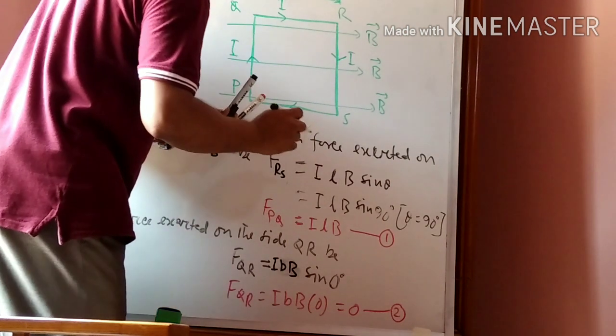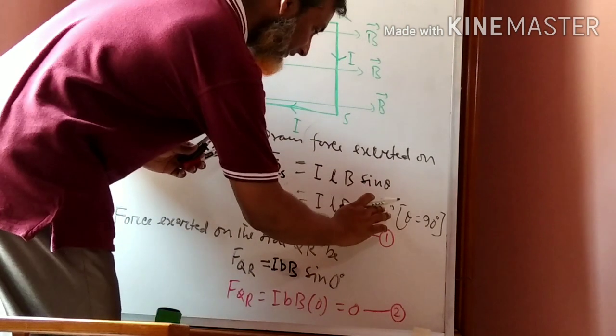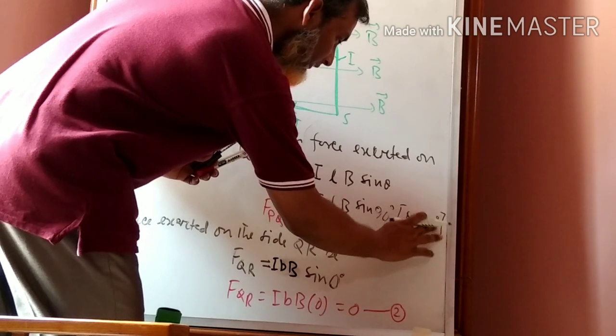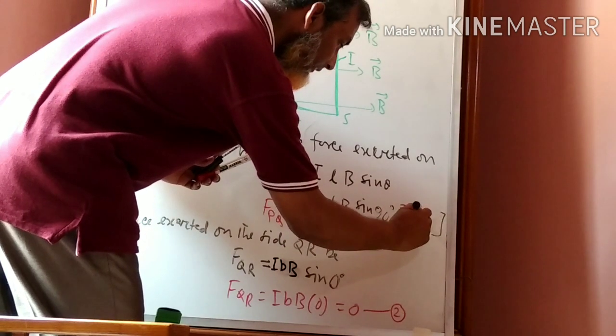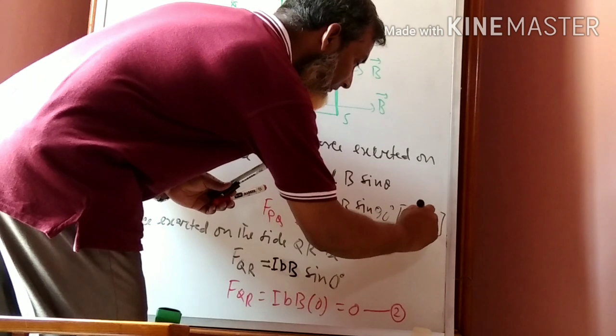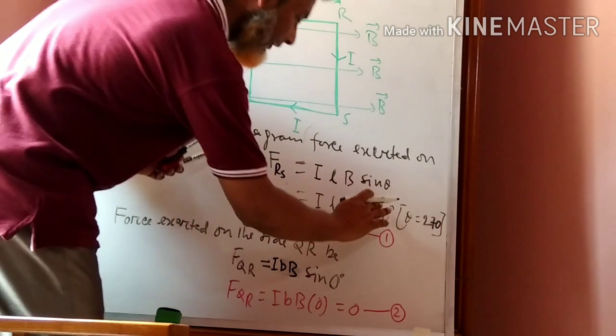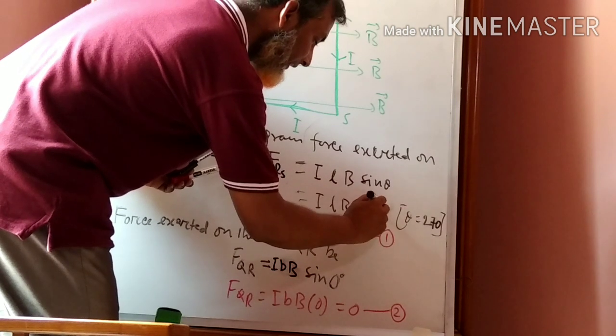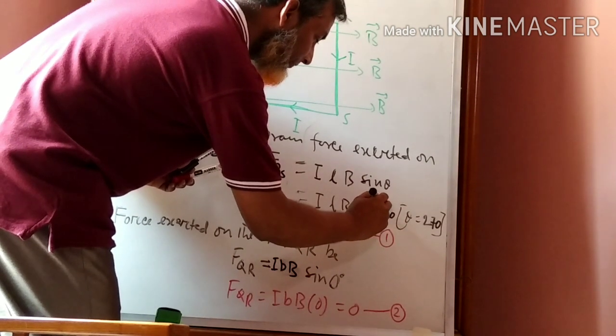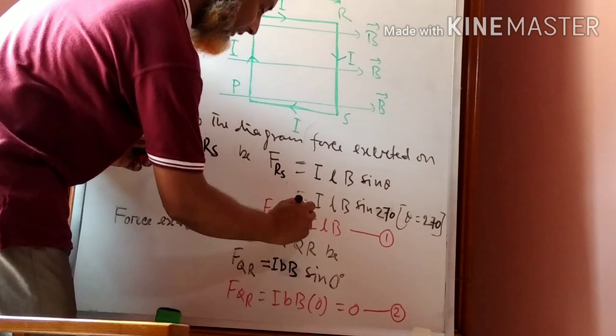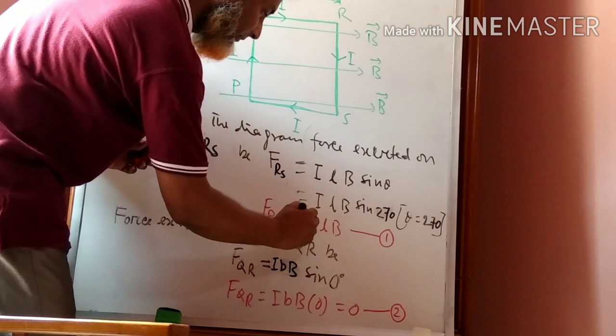So here I write sin theta, where theta is 270 degree. So we get I, and sin 270 is -1.